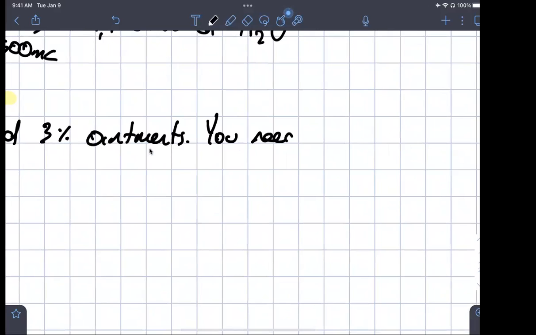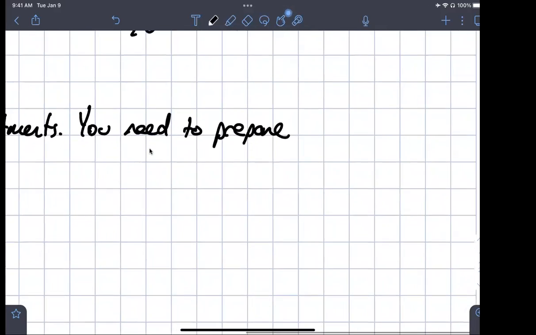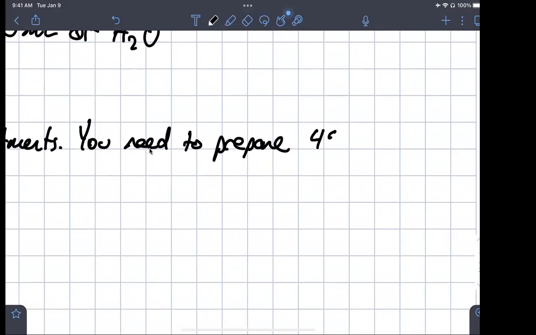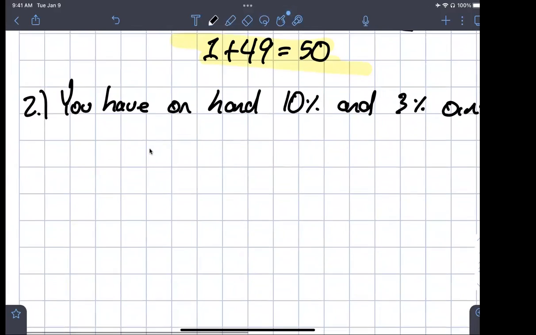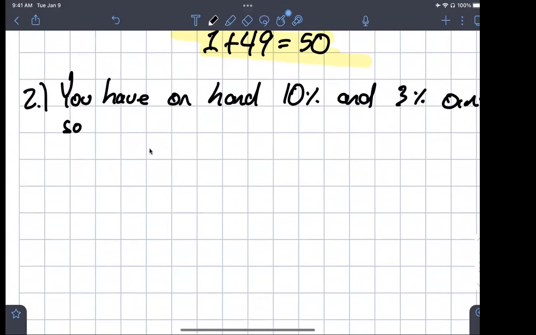You need to prepare 450 grams of a 5%, so no, not solution, sorry, ointment.